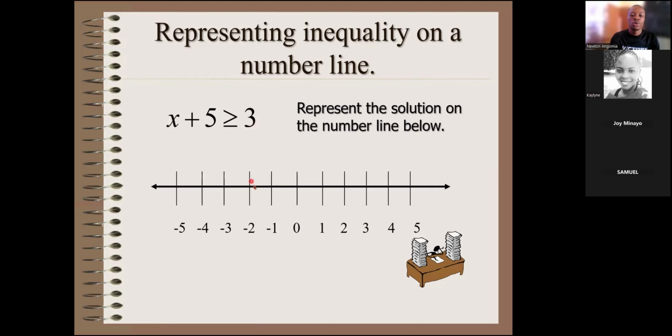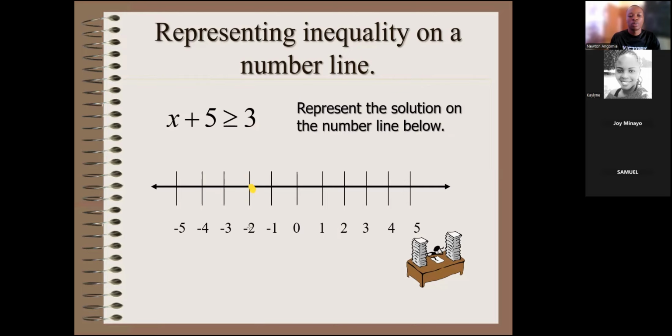So what will you do? You will put a dot at this particular point, -2 here. You'll draw your point there and make sure it is shaded because of the equal to.